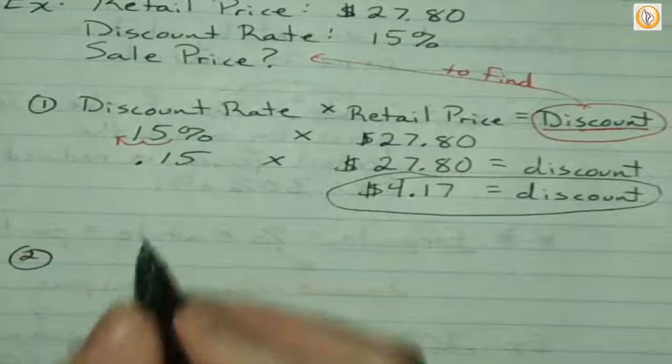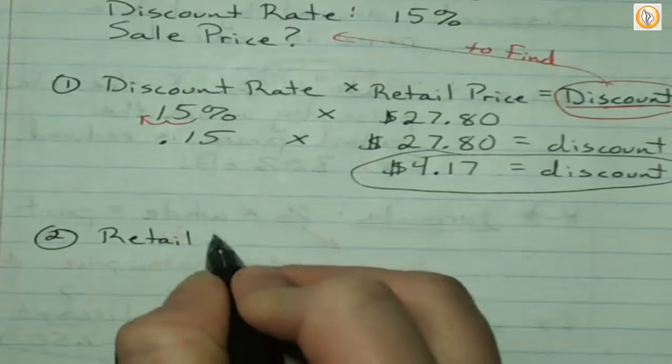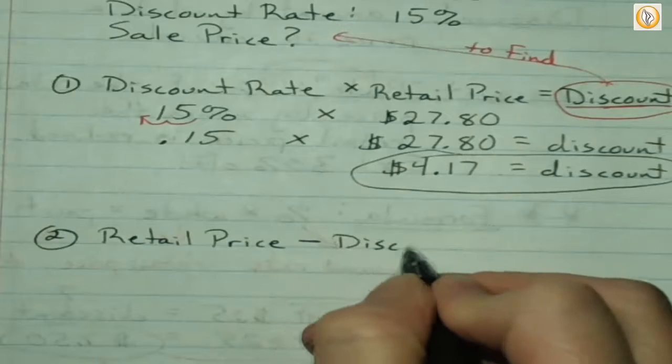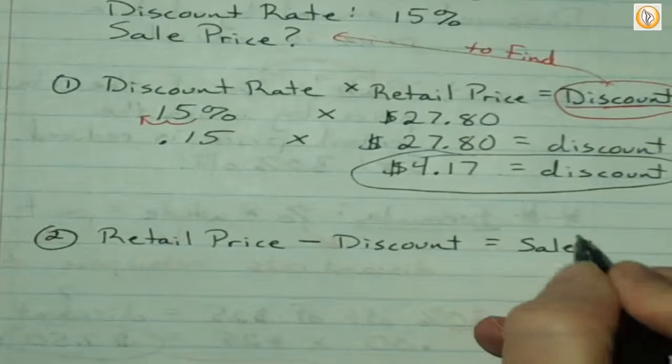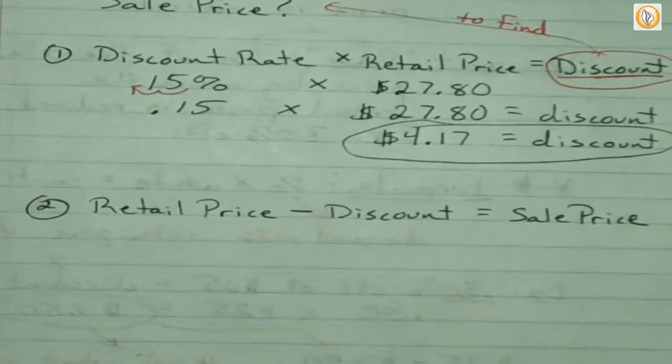So step 2, we have retail price minus discount, and that equals sale price. I'll let y'all catch up. You there, Kelly?